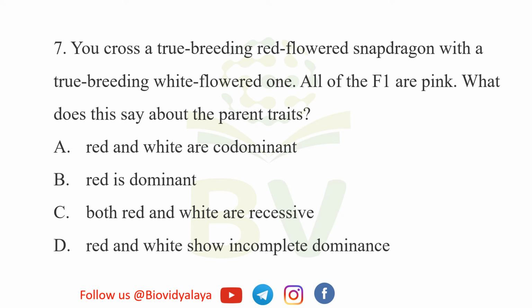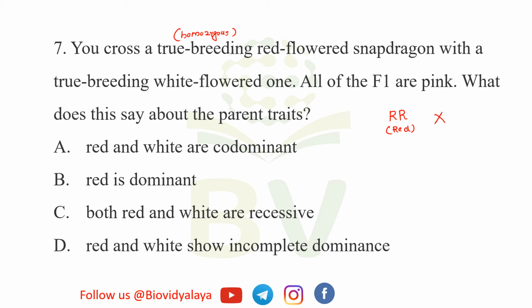So here it is given that you cross a true breeding red flowered snapdragon. What is meant by true breeding? True breeding means homozygous. So here you cross a homozygous red flower snapdragon. We can write the genotype as capital R, capital R. The phenotype is red.